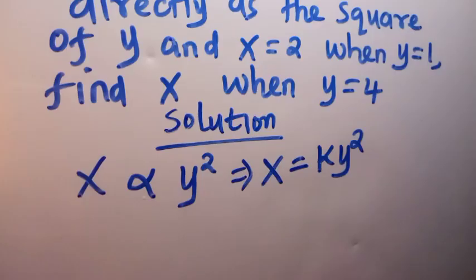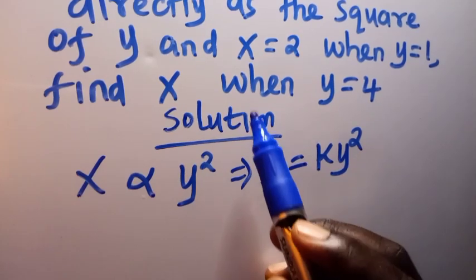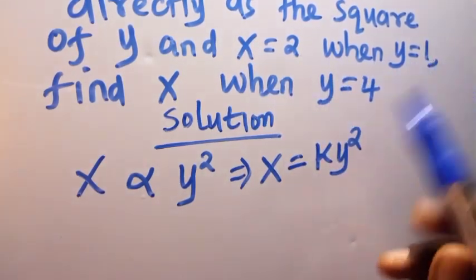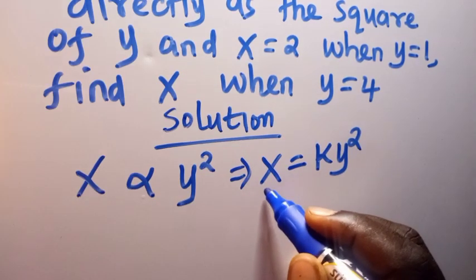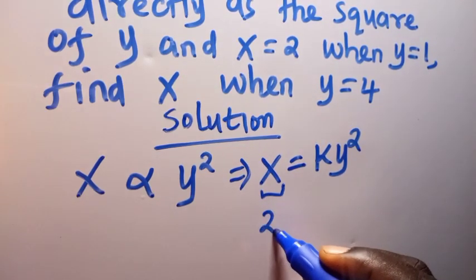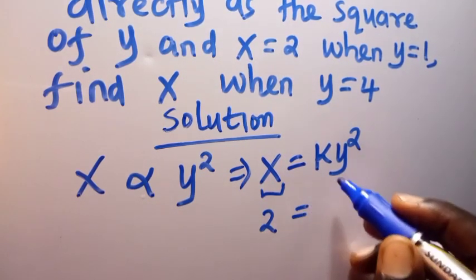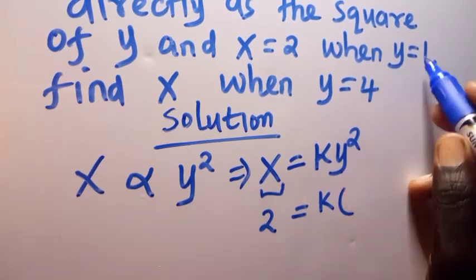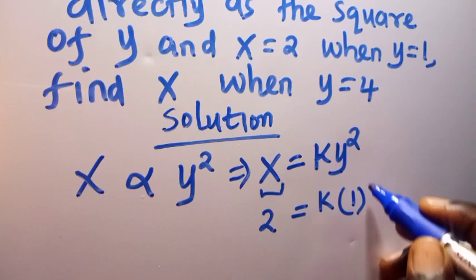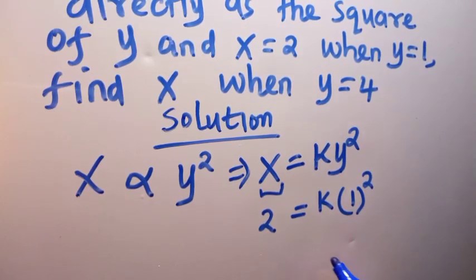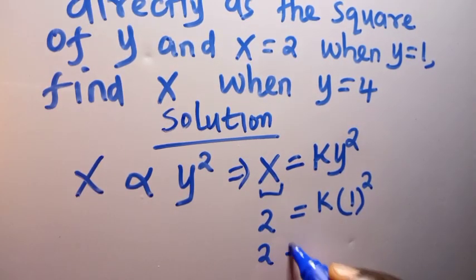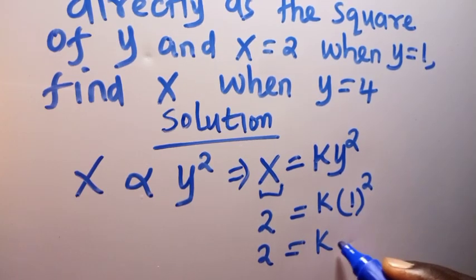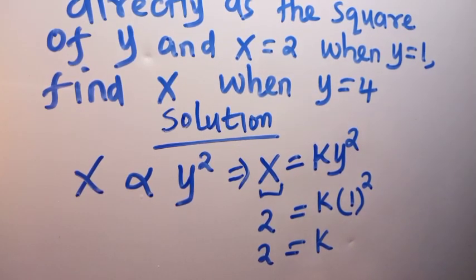It says x equals 2 when y equals 1, so we have 2 equals k times 1 squared, which is just k.